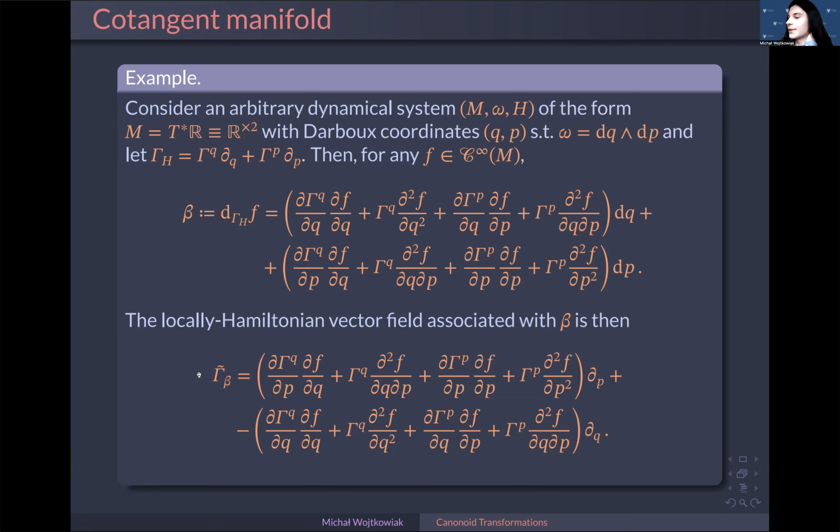And if the first cohomology vanishes, then we can say that this is the general form of any canonoid vector field. And yeah, this does look very, very bad, but if the vector fields have some simple form, then many of these terms vanish even in canonical coordinates. And since f is arbitrary, we can simplify some terms.